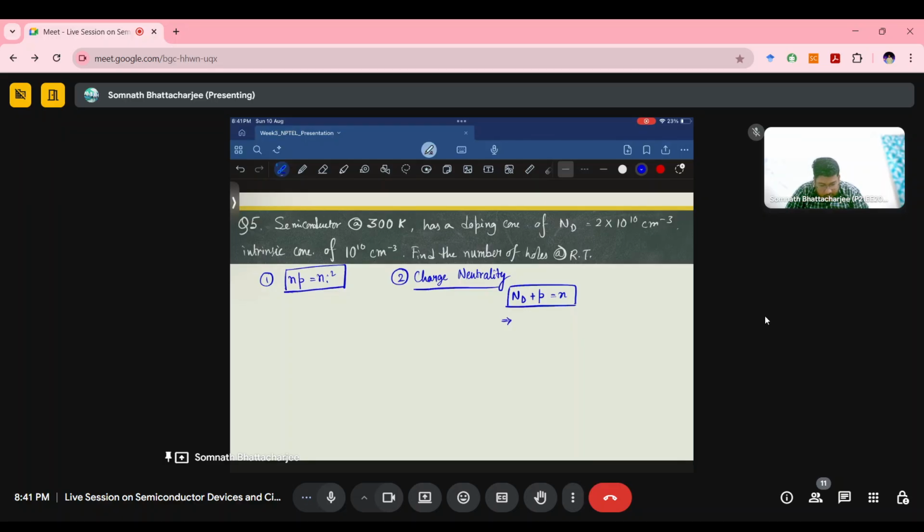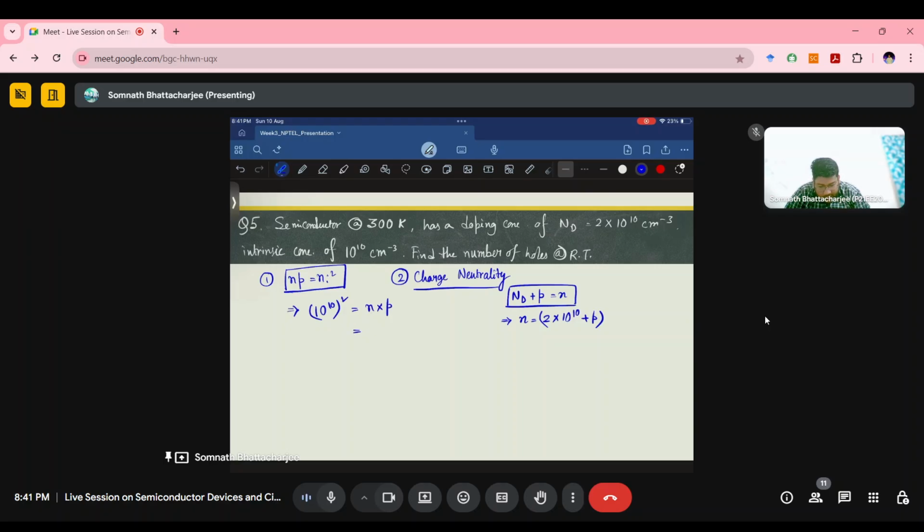So here we can write n equals Nd, with the value 10 to the power 10, plus p. And we have the value of ni squared, that is 10 to the power 10 whole squared, equals n multiplied by p.